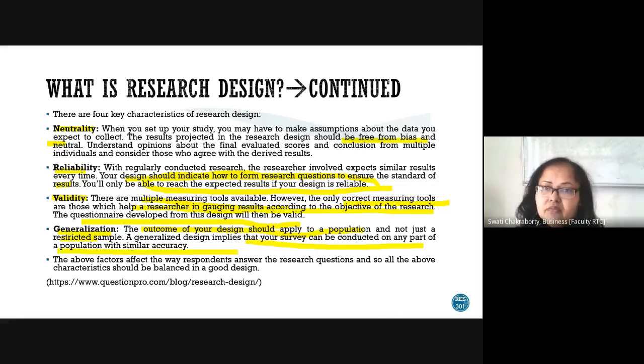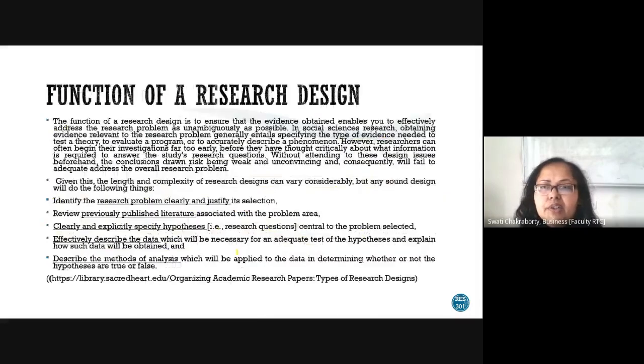Okay. So, what are the functions of a research design? The function is mainly to ensure that the evidence you are obtaining helps you to effectively address the research problem as unambiguously as possible, right?